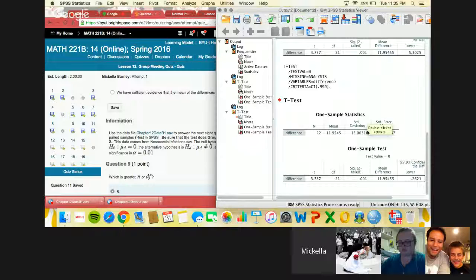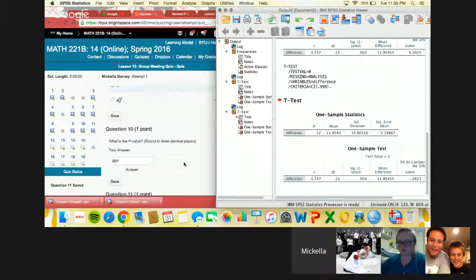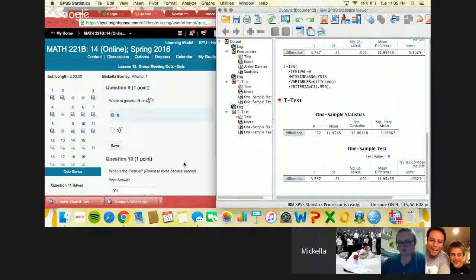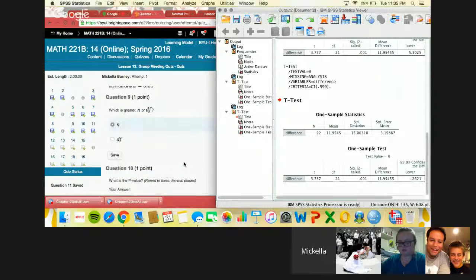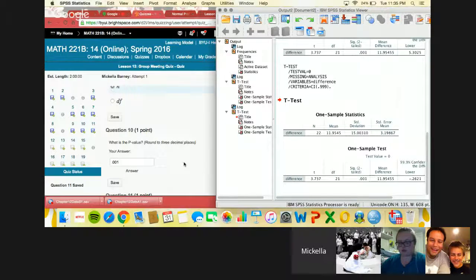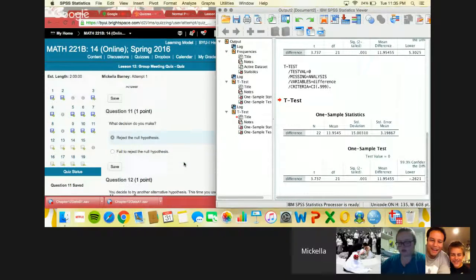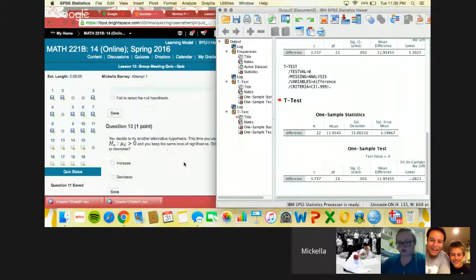Okay, so let me see if it changed anything. Did it change the p-value?